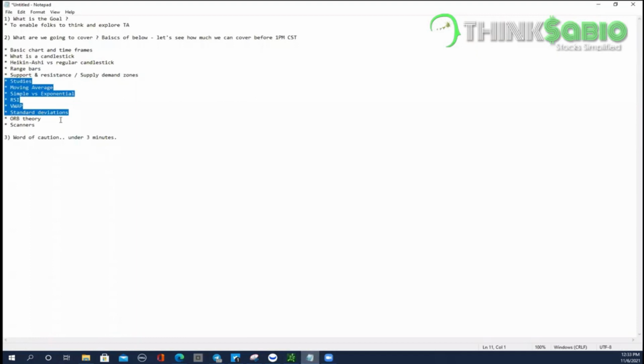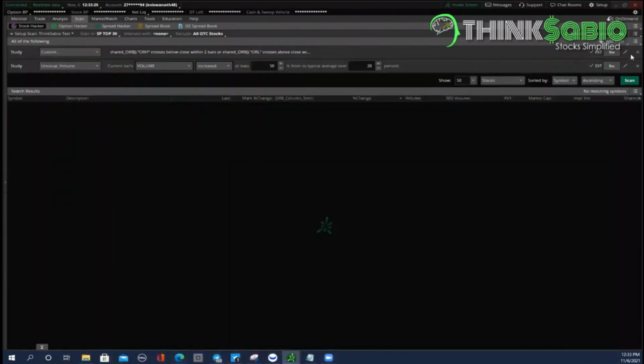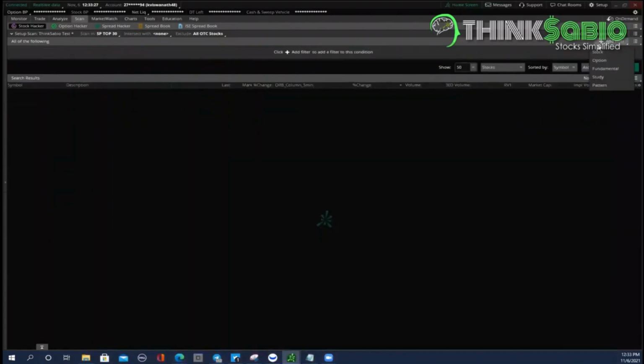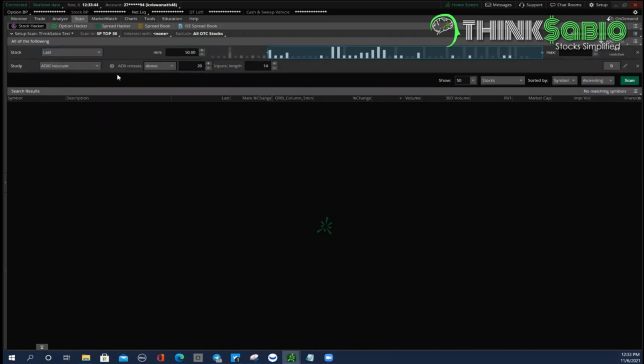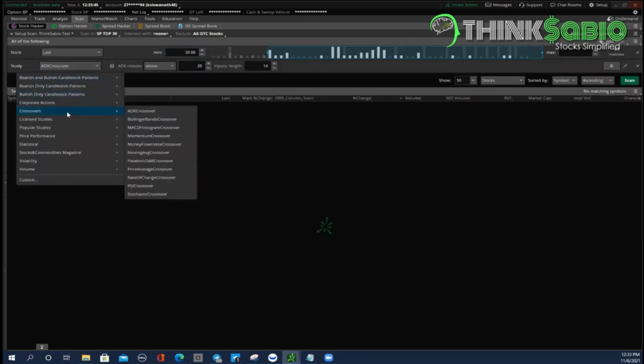So with that said, we covered ORB theory, we covered the scanner on how to do ORB. You can have any scanner. Let me touch something outside of that. You can use this scanner for anything for that matter. Like you can say, okay, you want a stock that's a minimum $50, and then you can add, and the study you want to see, like crossover.